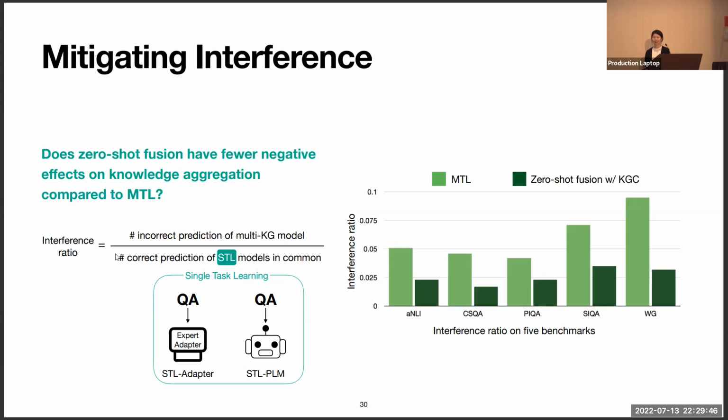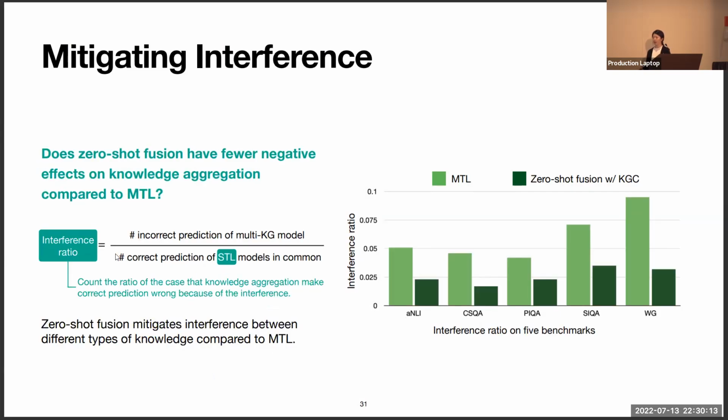And then we also analyzed the interference of our work. So before that, we defined the STL model as the model which is trained with a single synthetic QA data set. And using it, we suggest the interference ratio. It is the ratio of the number of incorrect predictions of the multi-KG model over the number of correct predictions of STL models in common.